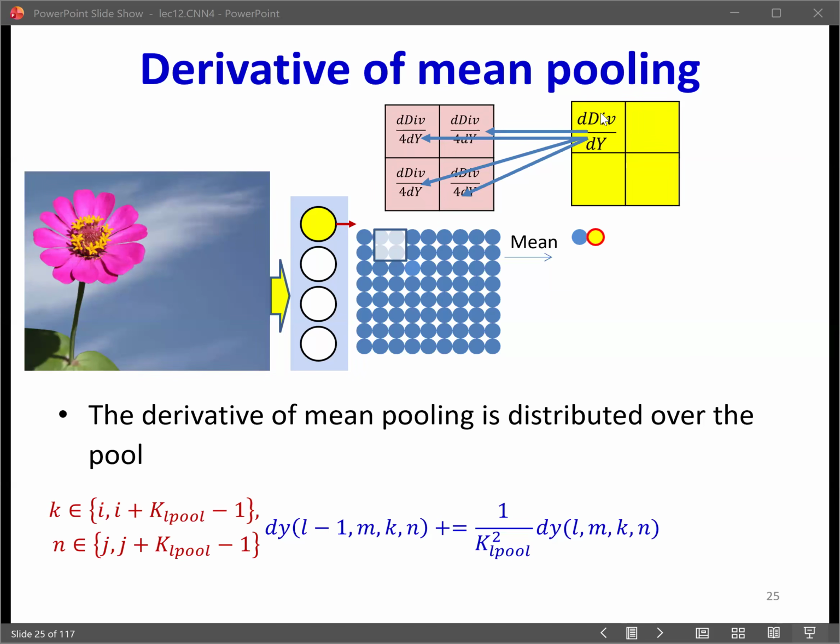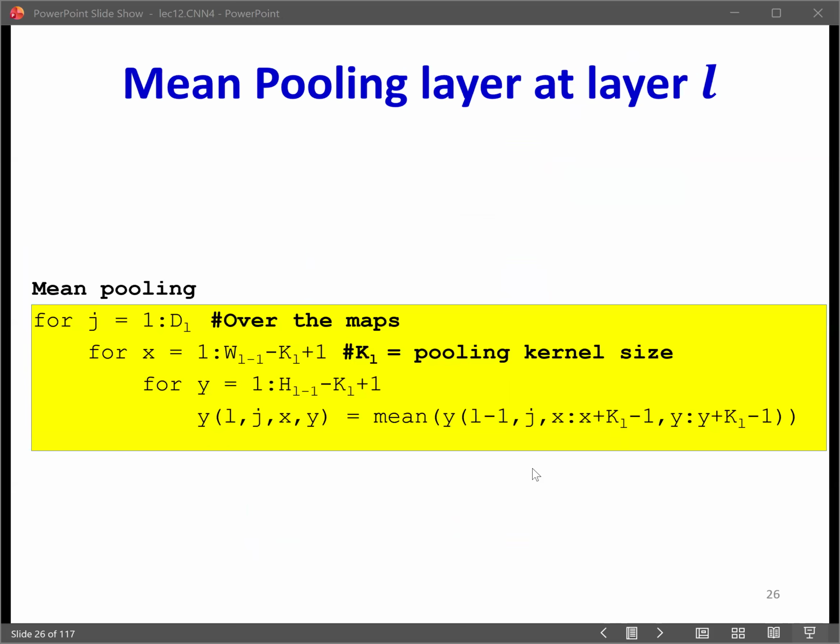That's the mean, right? So the derivative was distributed in four equal parts over all of these 4 entries. In general, if the window is size k cross k, then the derivative is distributed equally over all k squared elements, each getting 1/k squared. And so here is the pseudocode for mean pooling.